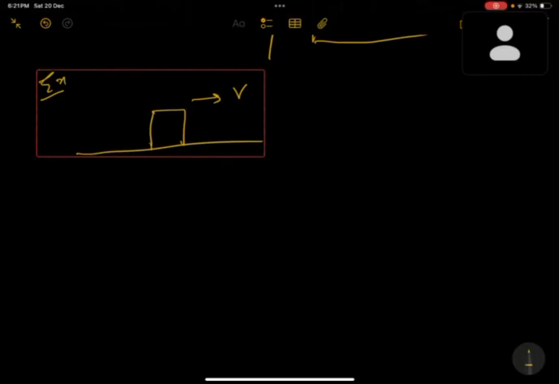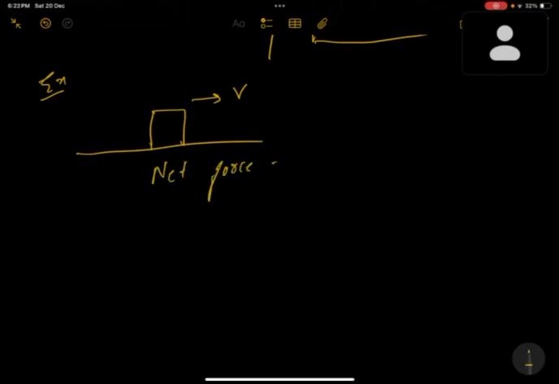Ma'am, 0. Yeah, right, 0. Since it is moving with constant velocity, it is 0, because if there is any force, then there will be acceleration, and if there is acceleration, there is a change in velocity. So you are right. Net force is 0.